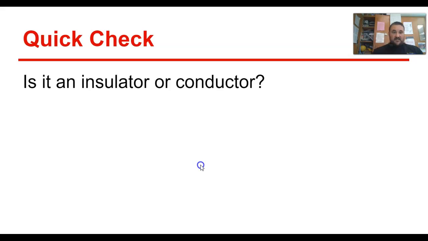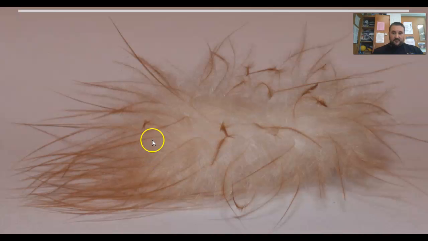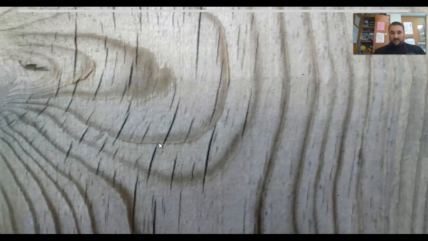Okay, let's see if it's an insulator or conductor. That's a copper wire. Copper wire is absolutely a good conductor. These are feathers that would keep birds warm, so, you got it, insulator. That's a piece of wood.